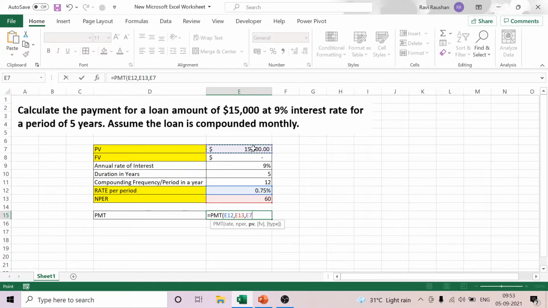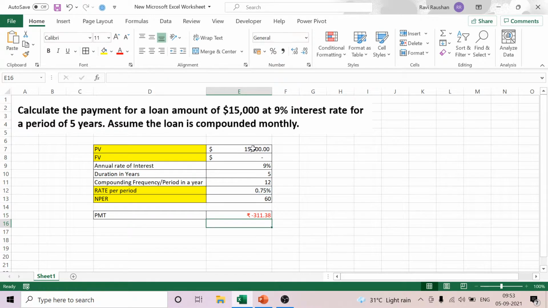Type we will discuss later. They are optional. When it is under brackets, it's optional. My future value is 0, so I need not really give it, so I can simply close it. I press enter. I get my installment that I have to pay is 399 rupees, and if you observe, it has come as negative because it's an outflow. Here it was an inflow because in present value I am taking a loan.